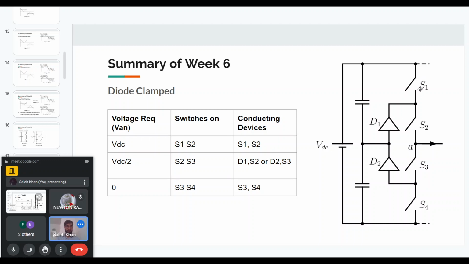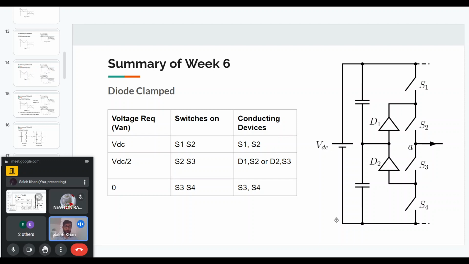So we have 4 switches. They are connected across in the same leg. And then we have 2 diodes. They are connected between the midpoint of the capacitors and between 2 different devices, if you can see in the figure. Now the output voltage I'm taking as VAN, between the point A and the negative point of the input.